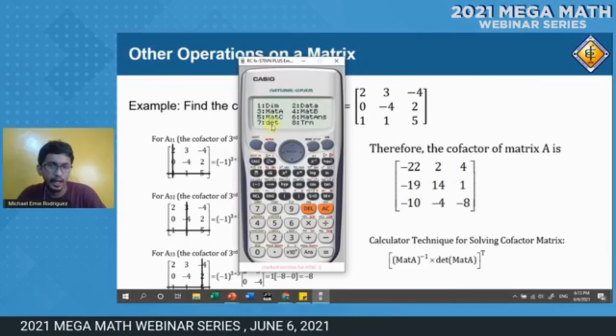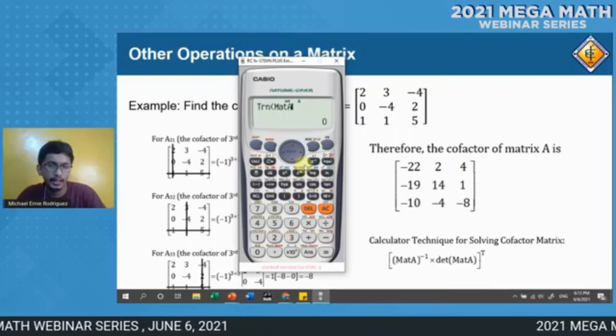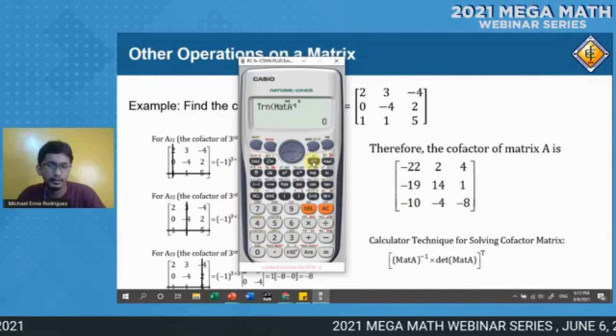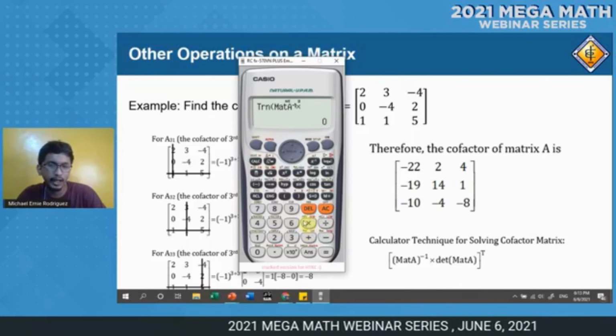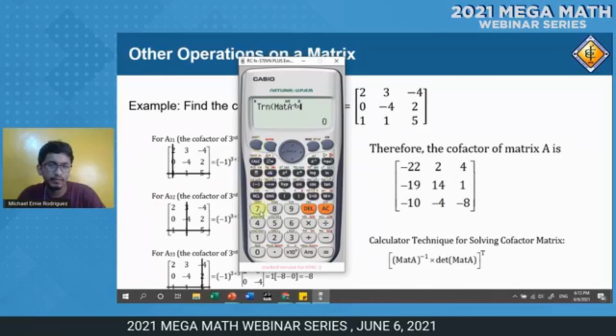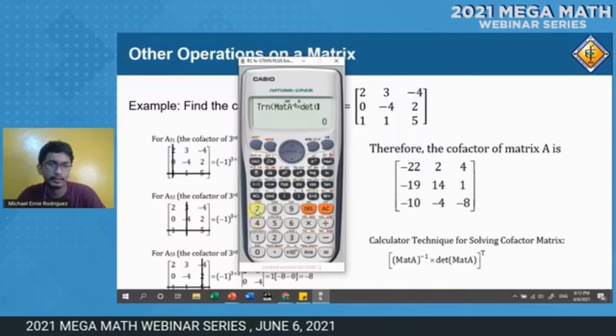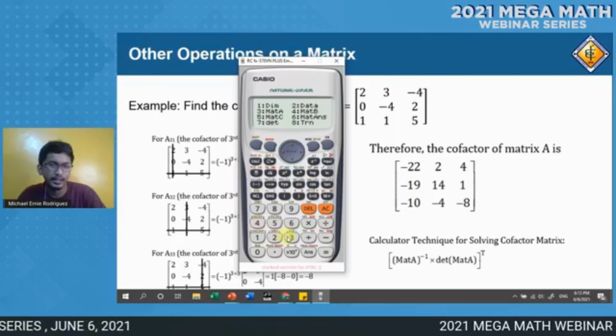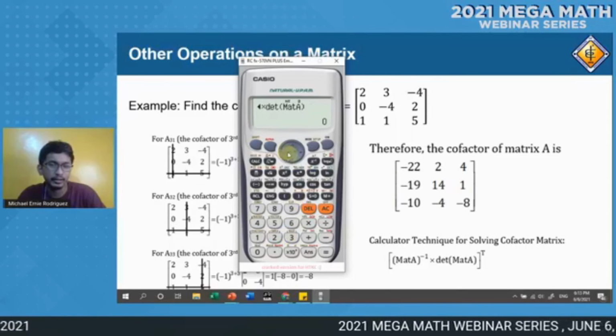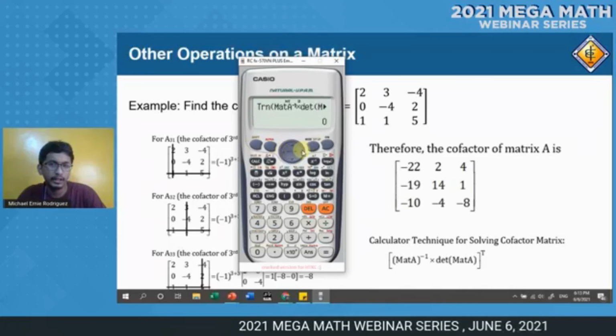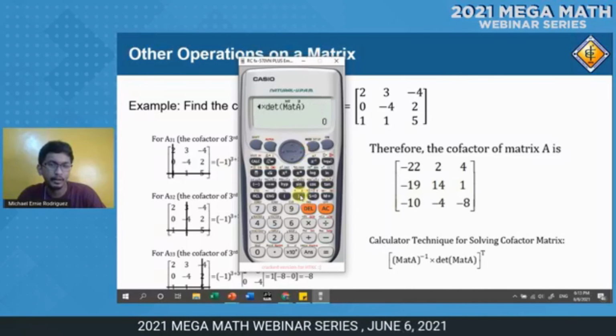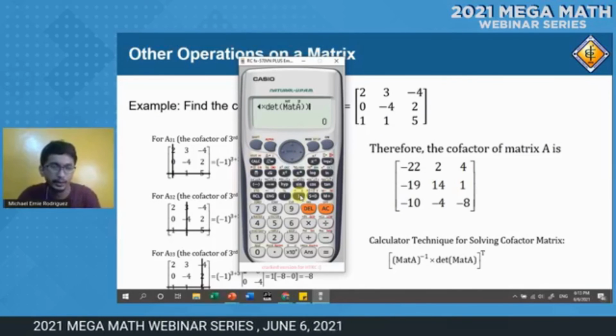So, matrix A, yung inverse natin nandito, ayan o, yung x raised to negative 1, times determinant of A, determinant, shift 4, 7, and then matrix A again. Matrix A is 3. Ayan. Okay, so pag na-input na natin yan, isa pang parenthesis pala, para sa transpose operator.